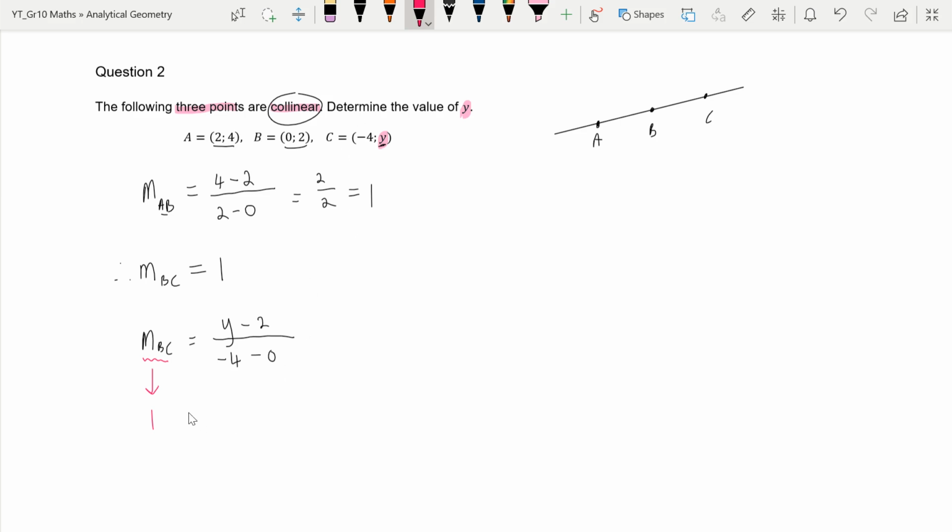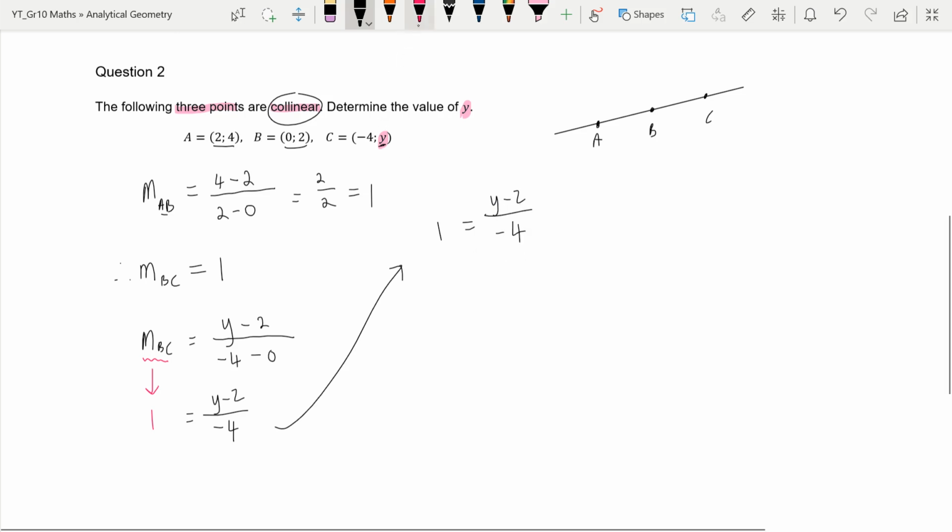So we've got an equation that we're dealing with there. y minus 2 over -4 minus 0 equals 1. So how are we going to solve this equation? There's not just one way of looking at it. What I'm going to do is multiply this side by -4, and the reason why I'm doing that is because then those two will cancel out.